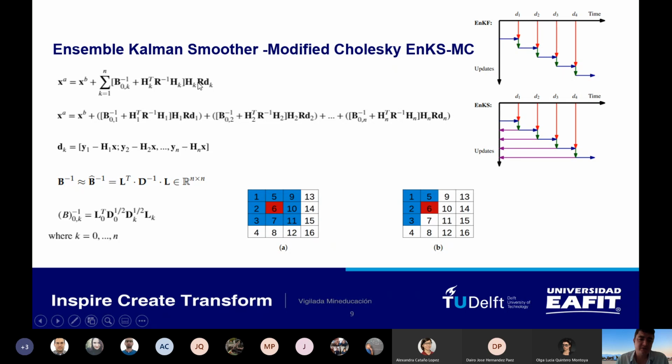This is what this equation tells you. The analysis step has contributions with this term, the addition term, that has different terms that correspond to each one of the measurements of time.